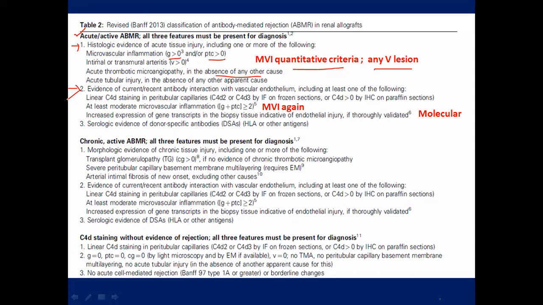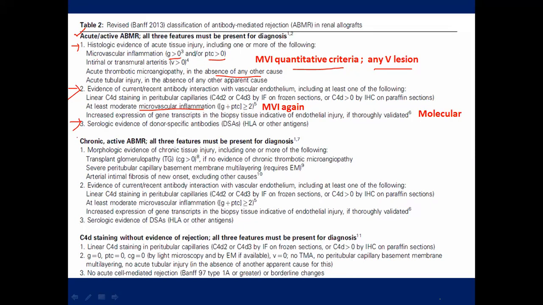When the antibodies interact with the vascular endothelium, there will be linear C4d staining in the peritubular capillaries, or you will see microvascular inflammation. So again, microvascular inflammation becomes a part of the second criteria, the second evidence also, along with C4d positivity. And the third evidence has to be serological evidence, where you demonstrate donor-specific antibodies.